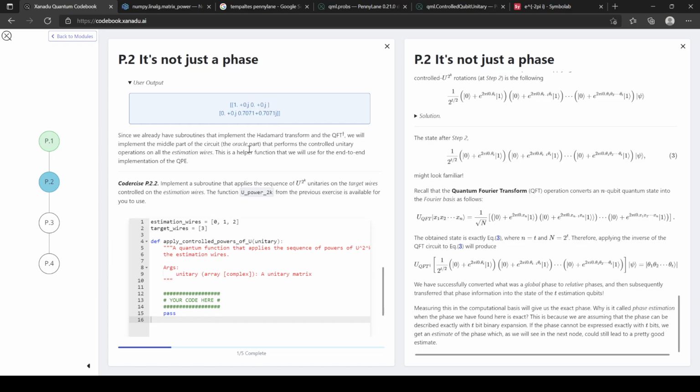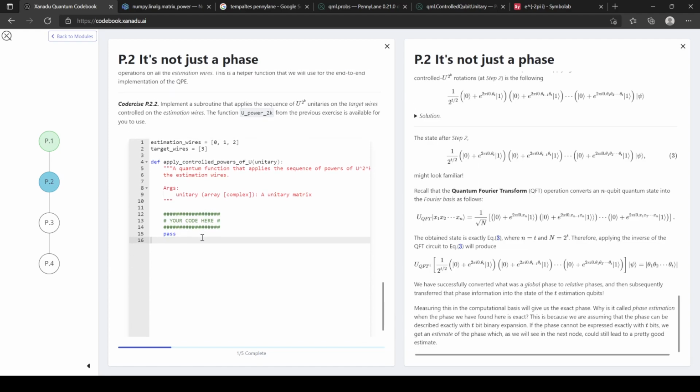Implement a subroutine that applies U to the 2^k unitaries on the target wires controlled on the estimation wires. Want a function that applies a sequence of powers.